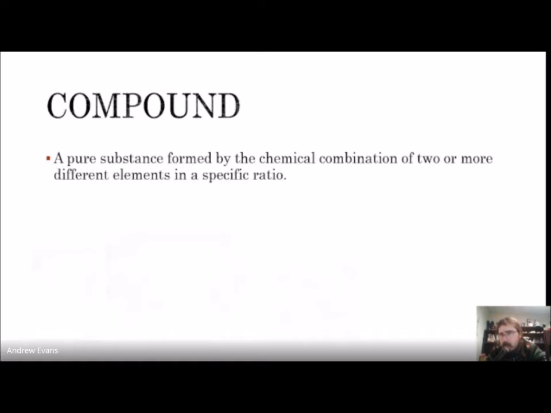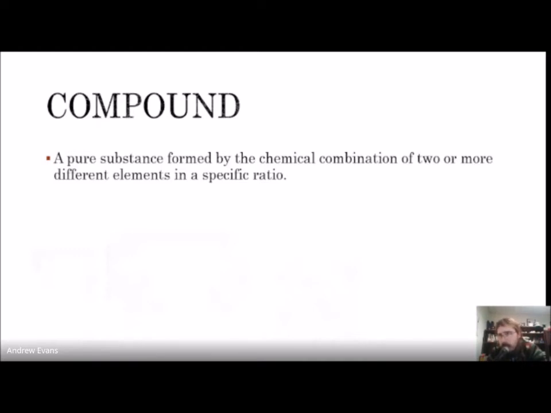always the same in regards to the ratio of atoms. So, looking at salt, salt always contains 23 grams of sodium for every 35.5 grams of chlorine. That's because of the weights of these atoms, which we'll learn about later on.